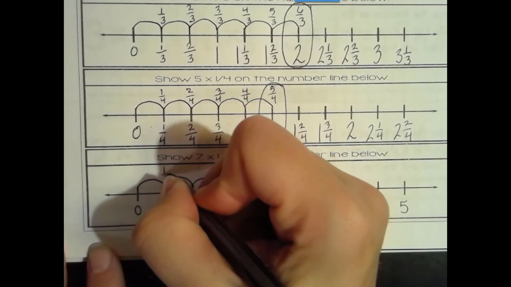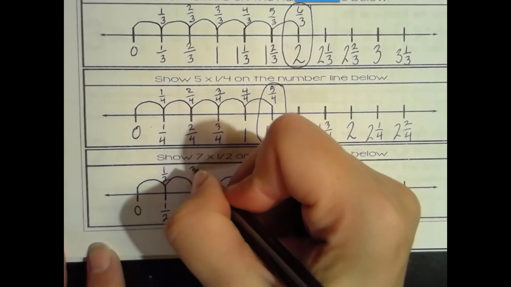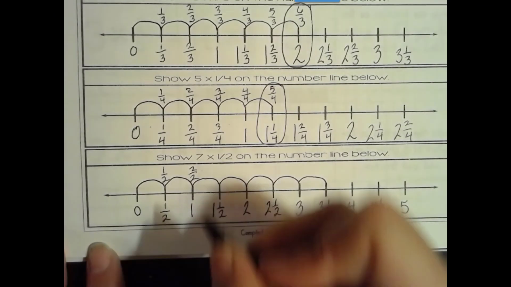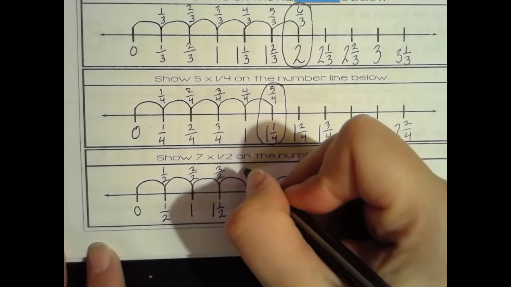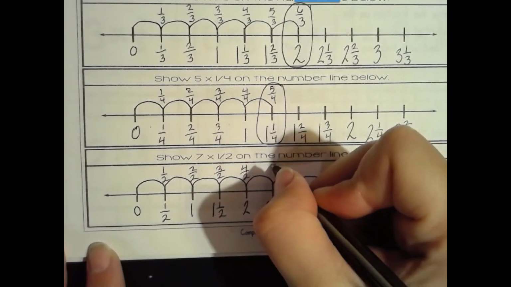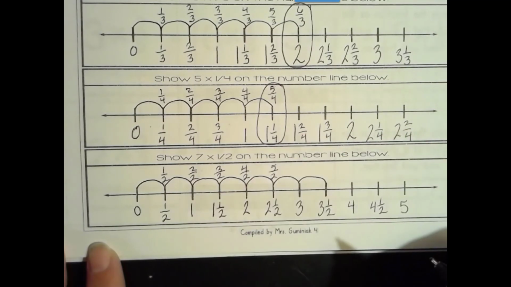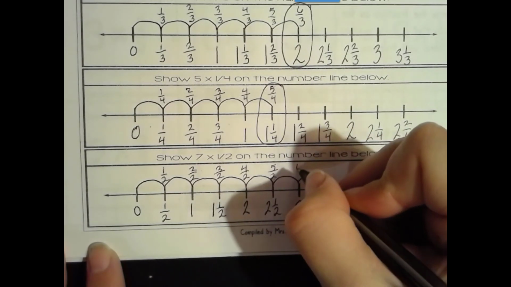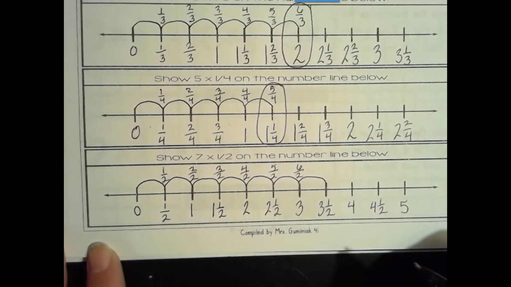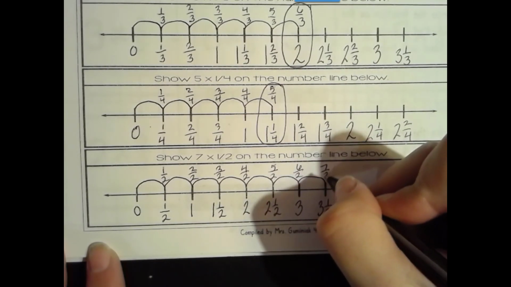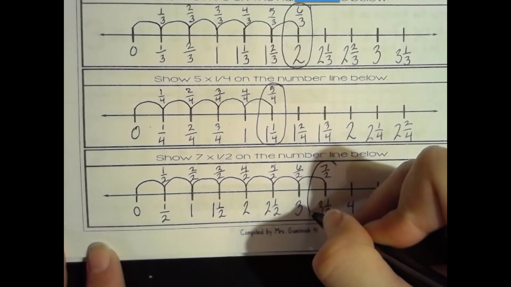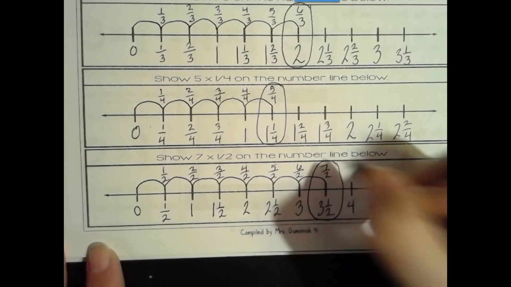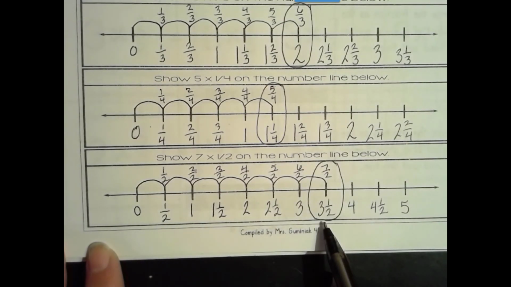So we have 1 piece here, 2 pieces here, 3 pieces here, 4 pieces here, 5 pieces here, 6 pieces here, and then 7. So here's our 7 groups of 1/2, or 7 halves. Also could be said as 3 whole and 1/2.